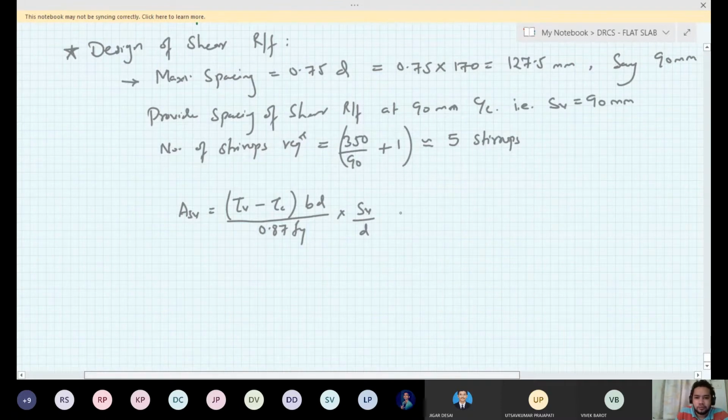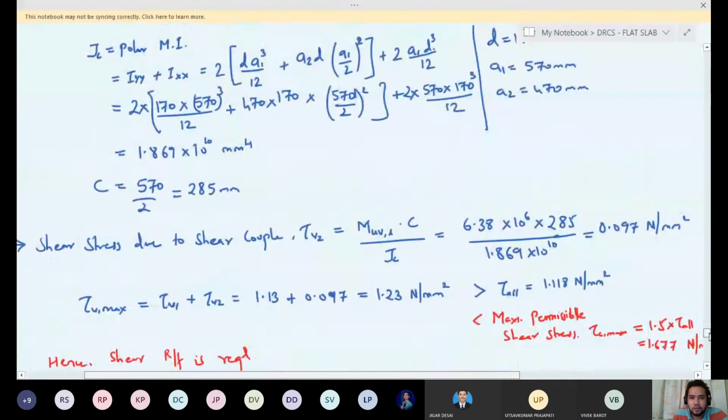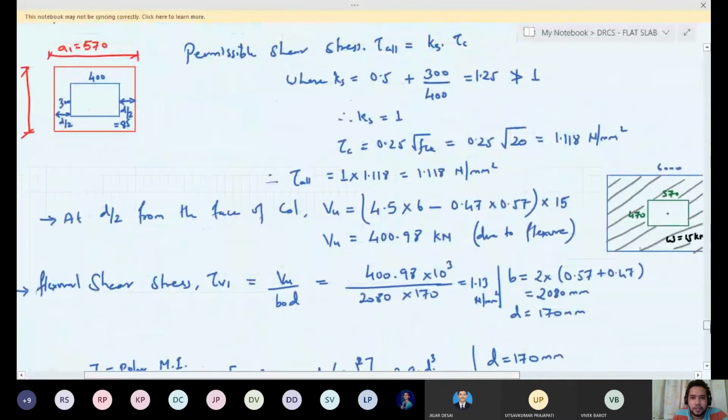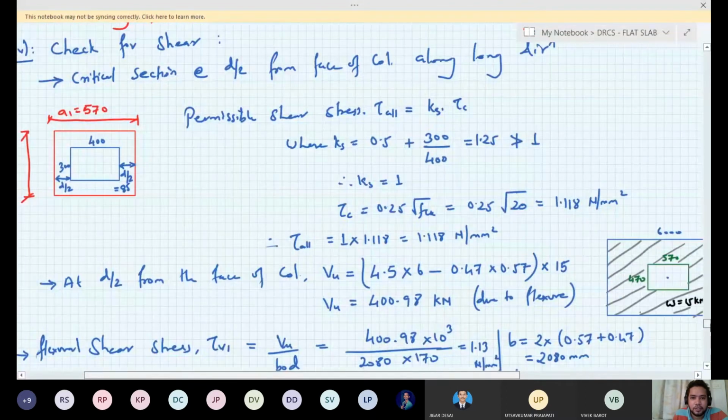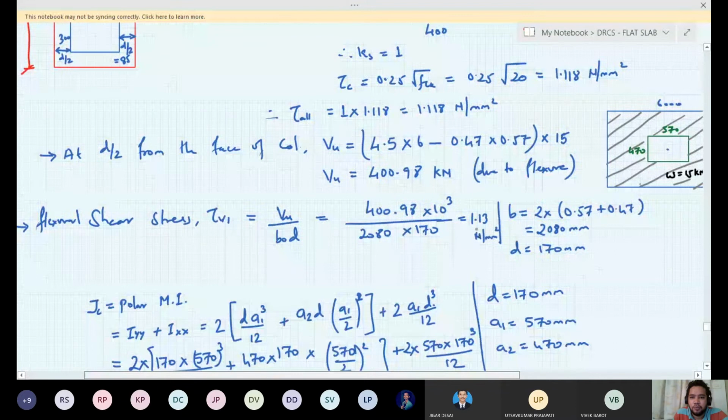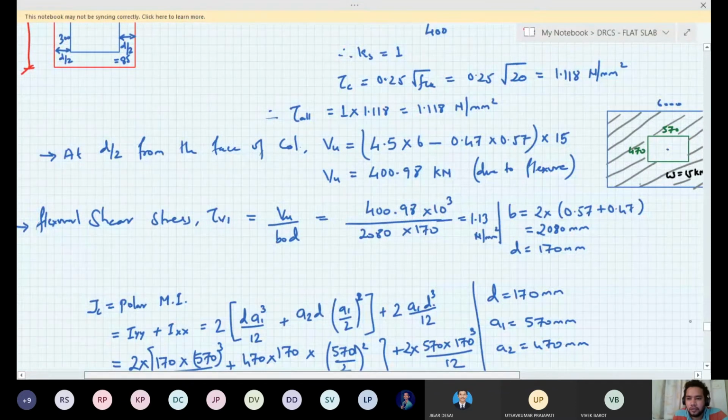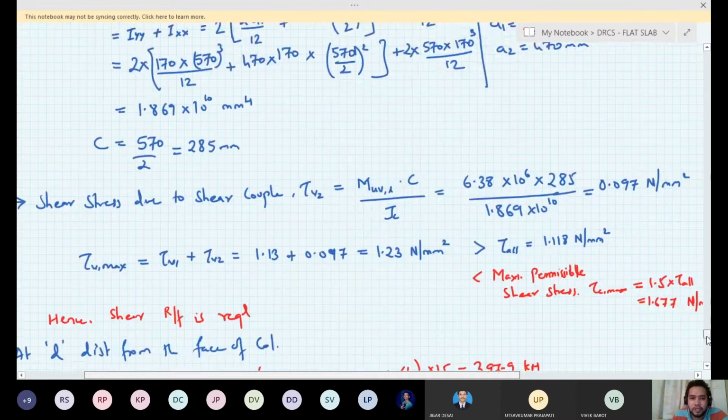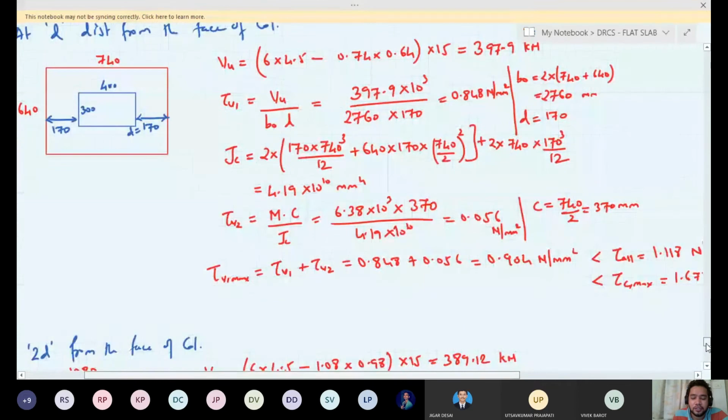So tau v is how much? Shear stress at the critical section. So shear stress at the critical section is 1.13. Note that this shear stress we have to use, not the one calculated at d distance or 2d distance, because that we have checked for the distance up to which we need shear reinforcement.